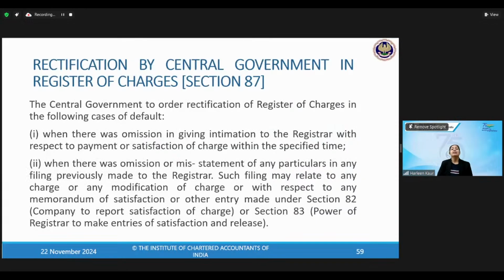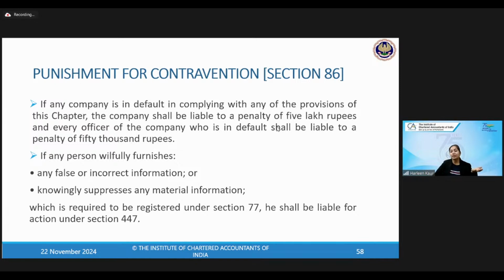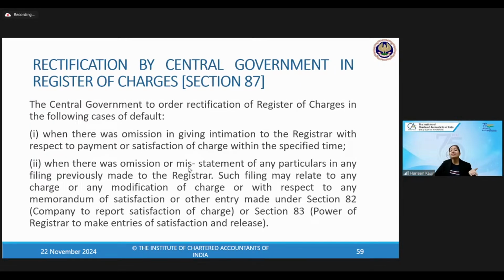Section 87, central government to order the rectification of the register of charges. Now, if you feel that so many harsh penalties of 5 lakhs will be applicable if you have willfully given any incorrect information or material suppression of facts have happened. So if you feel that some omission has been made by mistake, or for the 30 days time period you have asked for more extension of 60 days, there are certain omissions or misstatements, like you forgot to write the rate of interest in the charges that you're filing, or any omission or misstatement has been made in the particulars filed with the registrar.